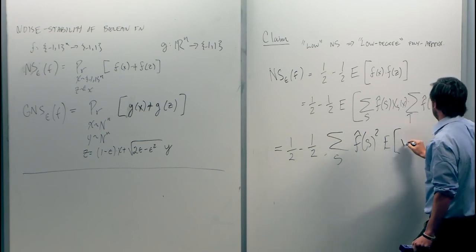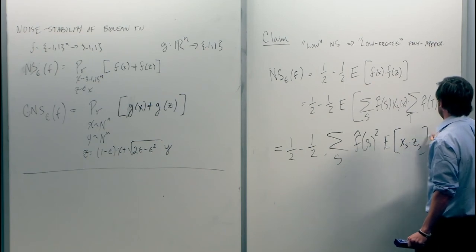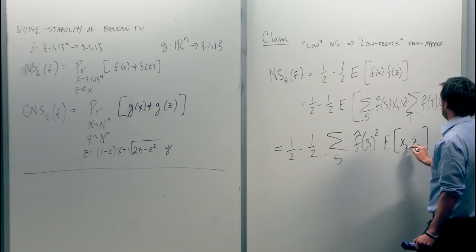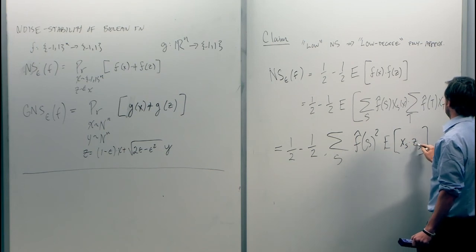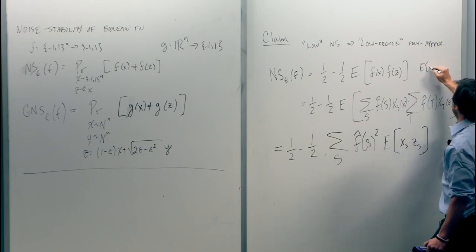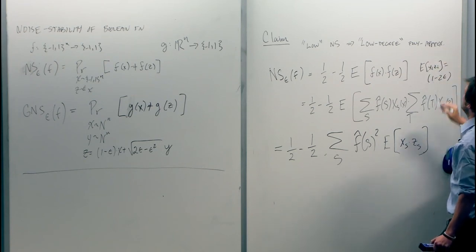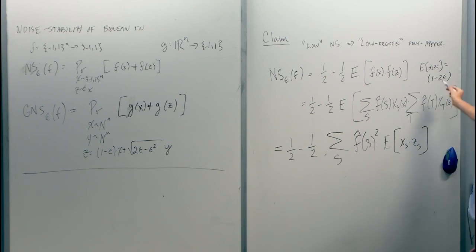Let me just write, this is little x times s, and this is little z times s. So this is the parity of the bits in x according to s times the parity of the bits according to s in z. And an individual bit is 1 minus 2 epsilon. It's the expectation of just x_i times z_i.